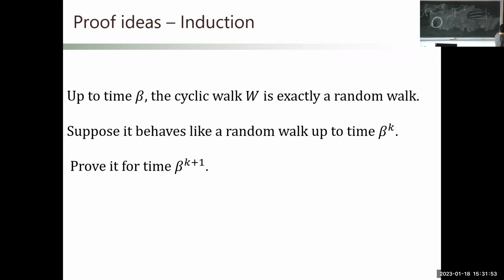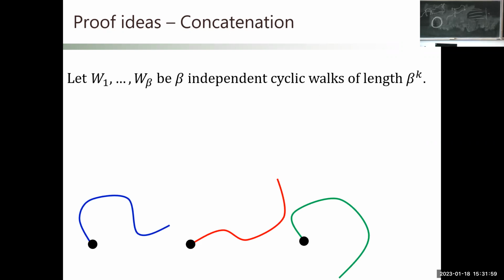And the idea is pretty simple. You just use concatenation. What you do, you take independent cyclic walks and you run them up to time beta to the k. And by the inductive assumption, you know that each one of these walks behaves like a simple random walk.